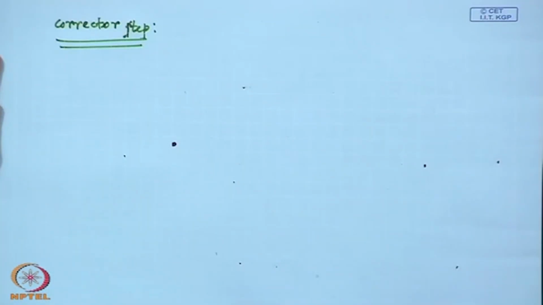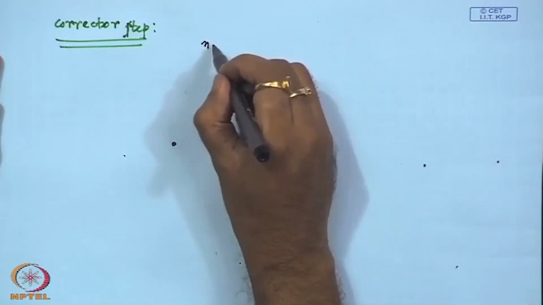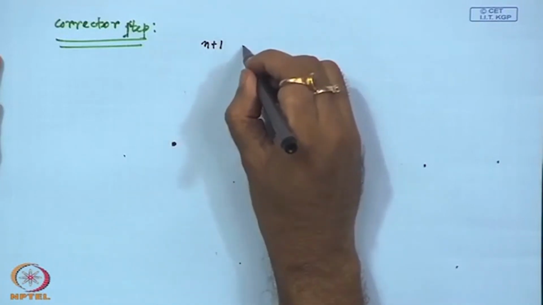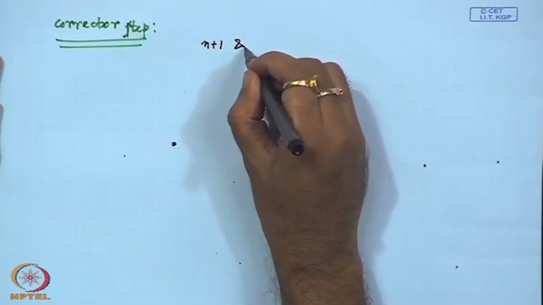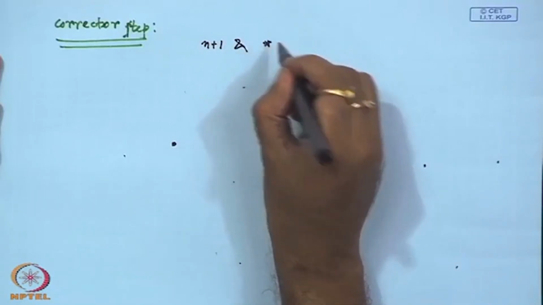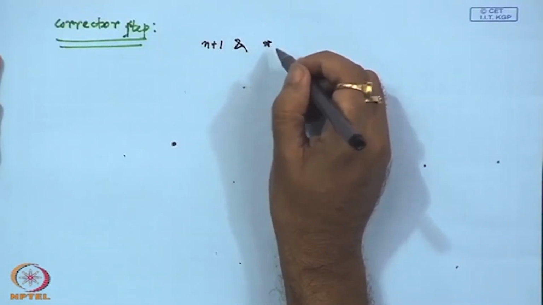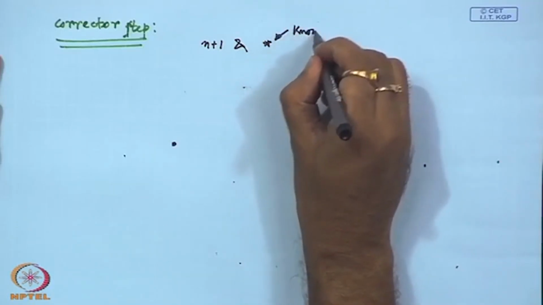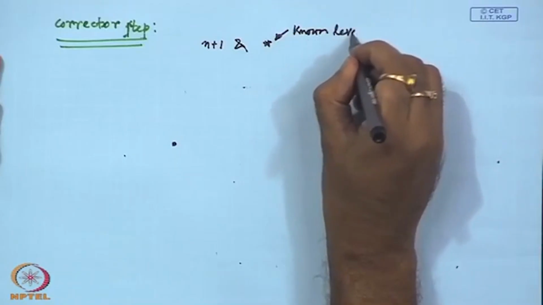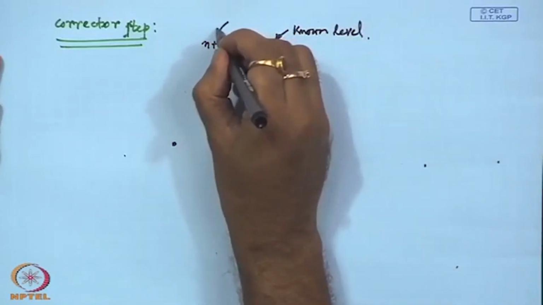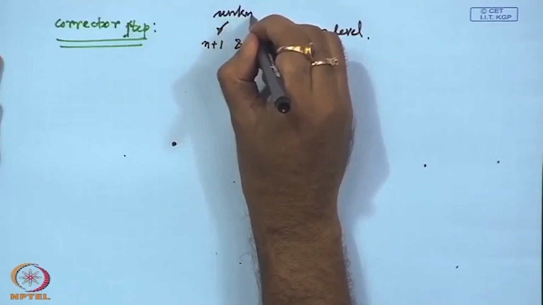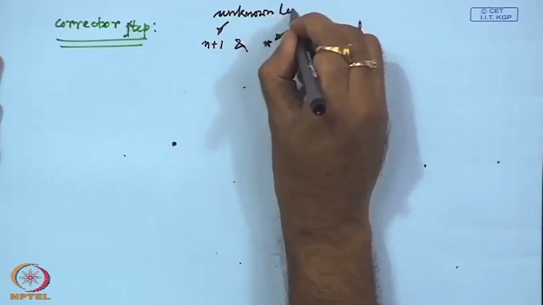So, in this one it involves n plus 1 level and star level. Star level is already known level from our predictor step, and n plus 1 level is unknown level.